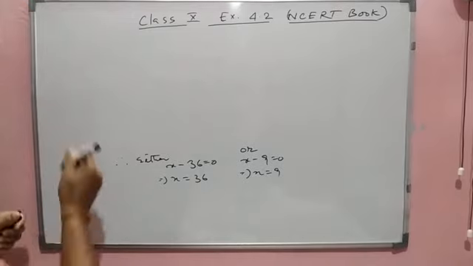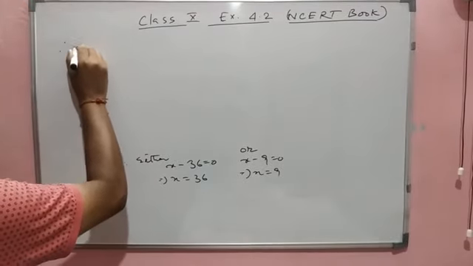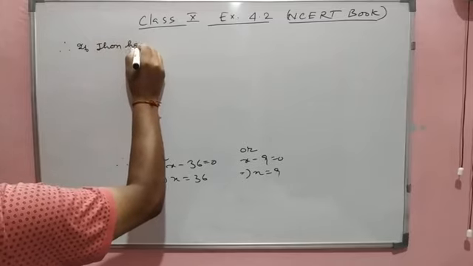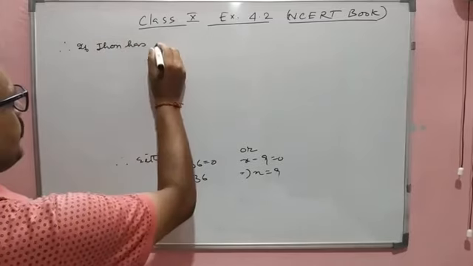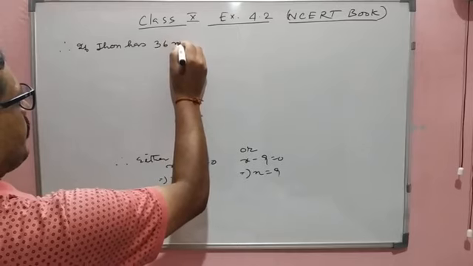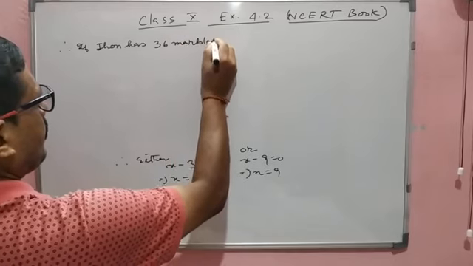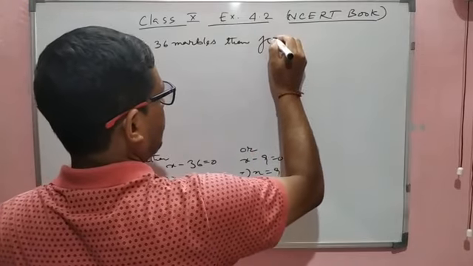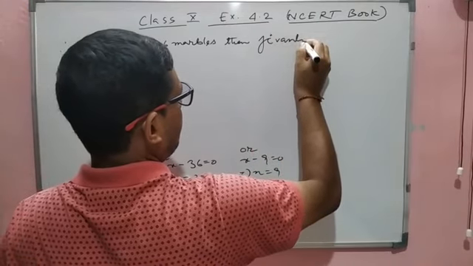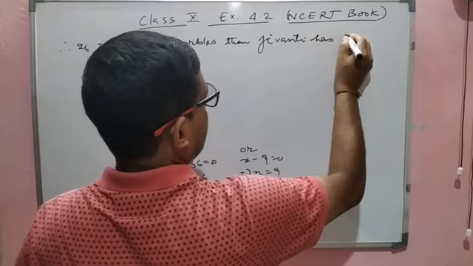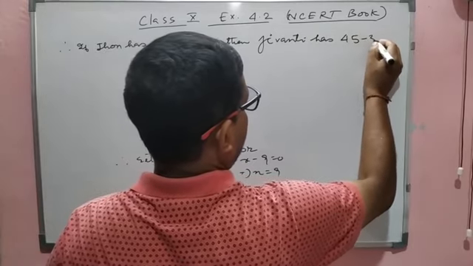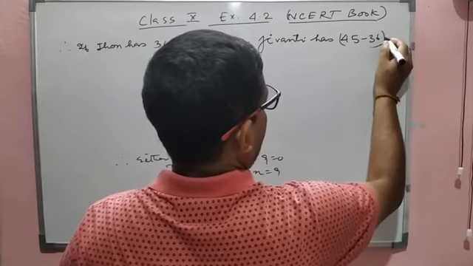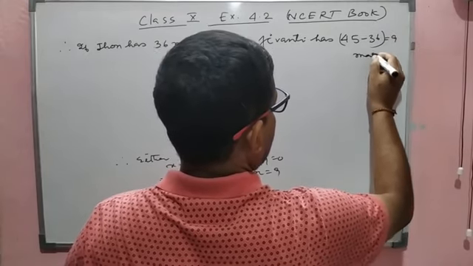Therefore, if John has 36 marbles, then Jivanti has 45 minus 36 equal to 9 marbles.